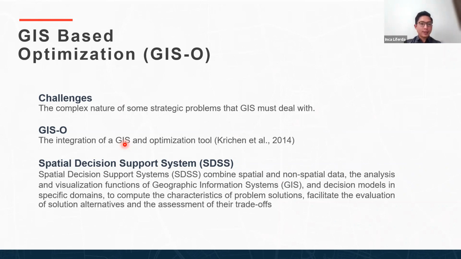GISO is used as a spatial decision support system. If you have ever heard about DSS, decision support systems, when we use GIS-based optimization we call it a spatial decision support system, based on spatial areas on the earth.